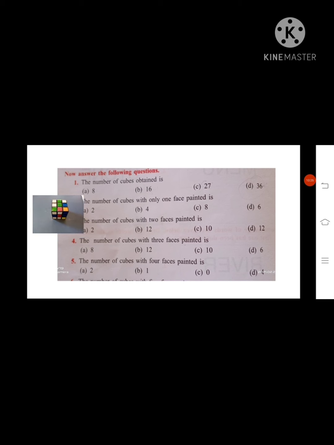Okay, once again see here. The number of cubes with two faces painted. I have already explained this. We can see two faces painted on blocks 1, 2, 3, 4. Got it? How many? 1, 2, 3, 4.